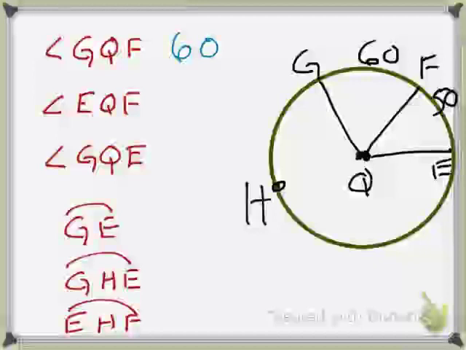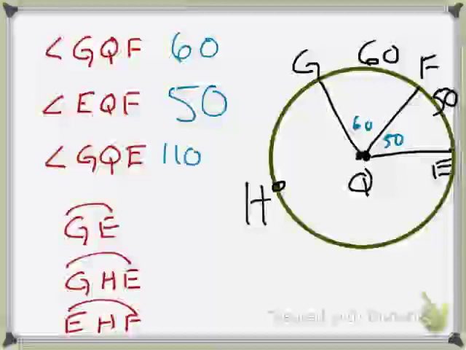EQF. 50. Again, central angle is equal to arc. So we know this angle is 60, this angle is 50 because that's what their arcs measure. GQE. 110.